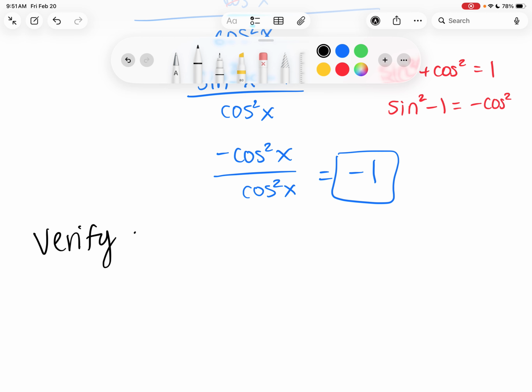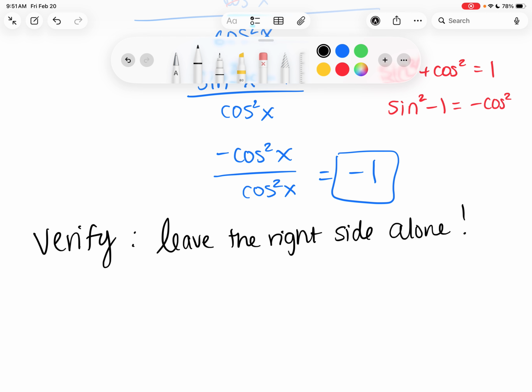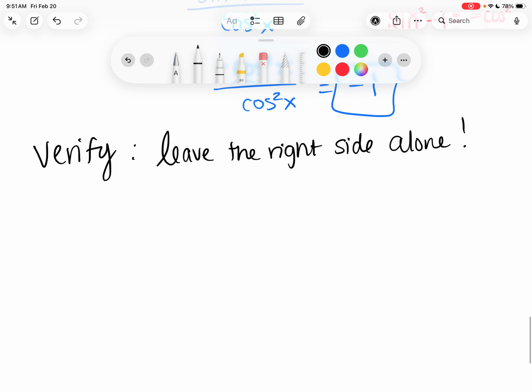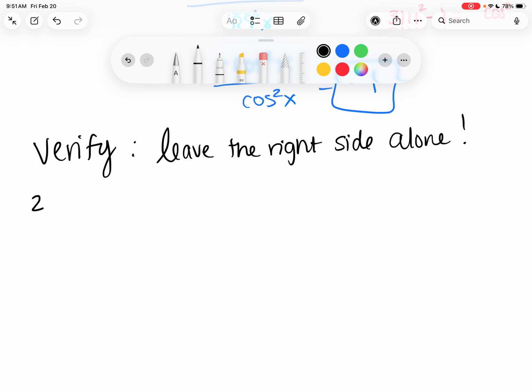So on this, leave the right side alone. If you don't, you will get the problem wrong. Don't touch it. So 26. Tangent of theta times the cosecant of theta times the cosine of theta is equal to 1.